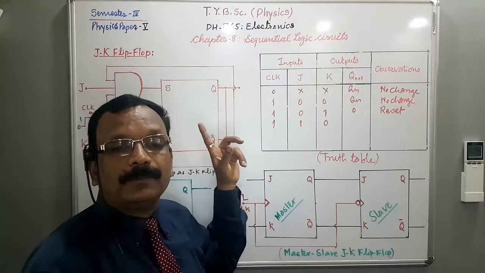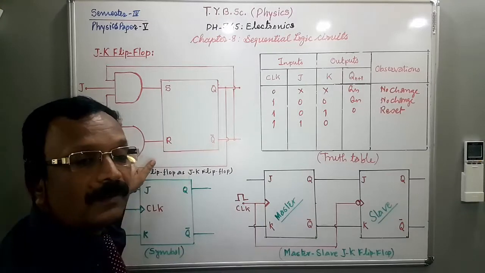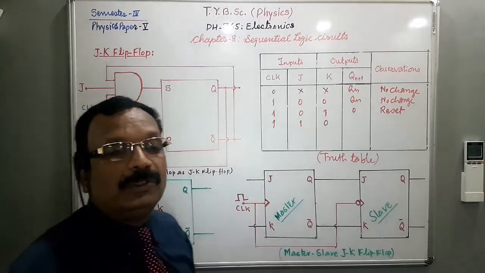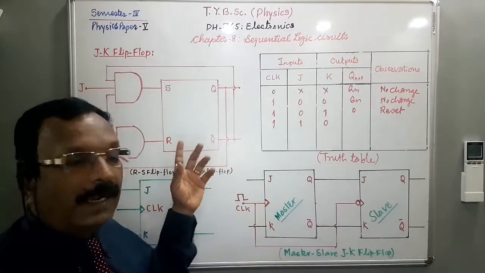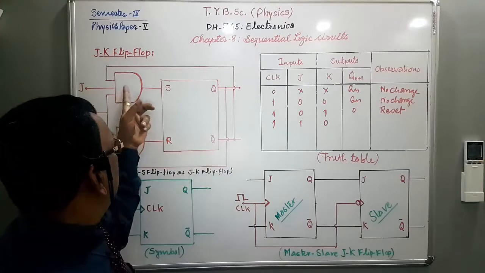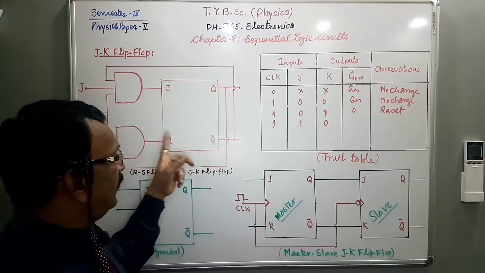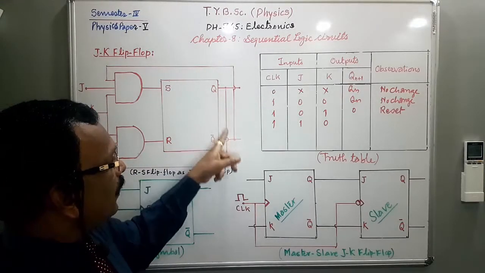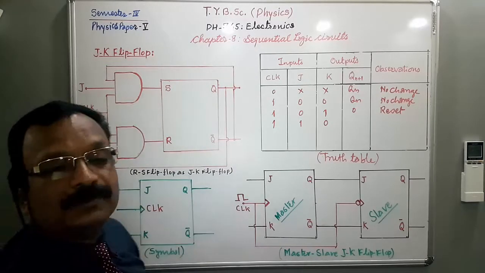When J is equal to 1 and K is equal to 0, this gate is disabled. When this gate is disabled, this is 0 and this is 1. This 0 is fed back here, 0 into 0.